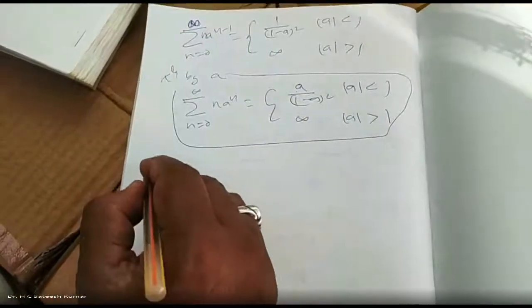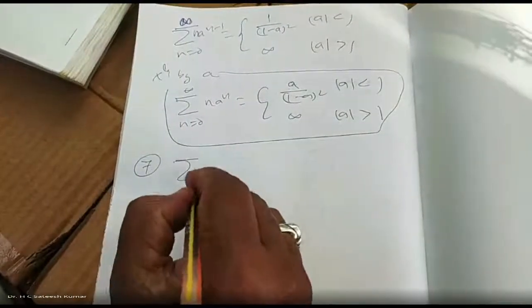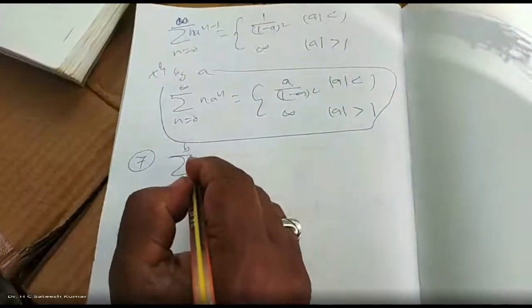Seventh one. What is summation a to b of 1? This derivation we need to do.